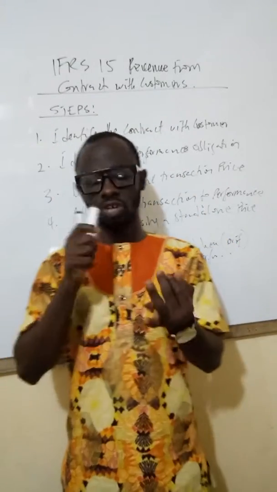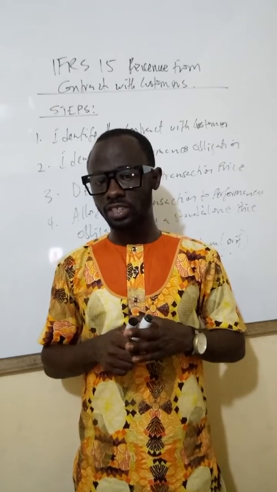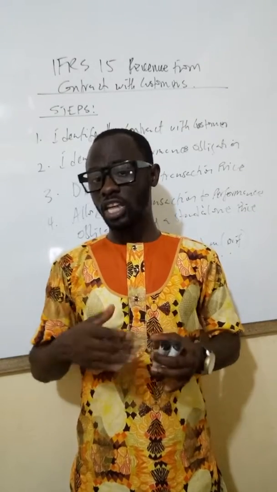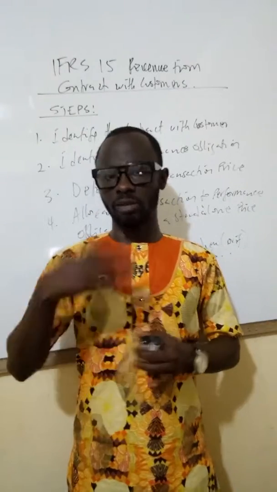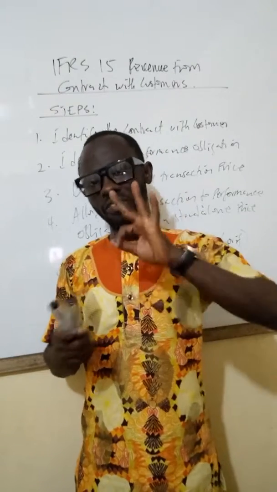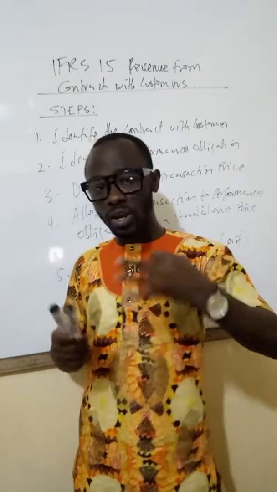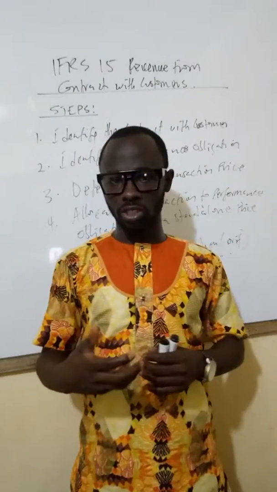I need to teach you, I need to give you books, and I need to help you when you are registering for the exam. When I say help you, it doesn't mean financial help, but technical help in relation to submitting your registration forms online and all those things. So these are the 3 things I'm going to be doing under the contract. That is what we call performance obligation.